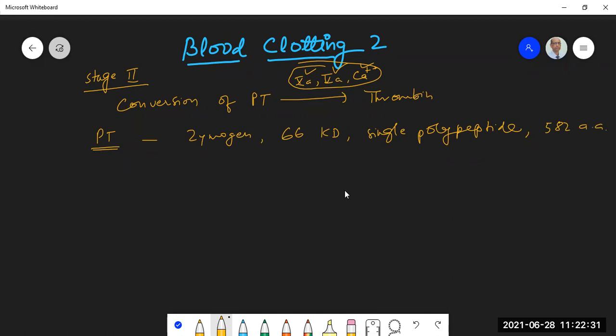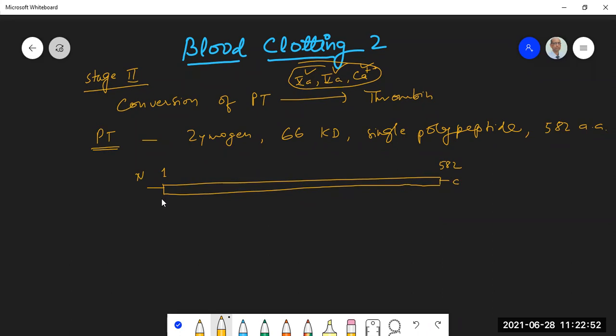Let's say if I draw the picture of single polypeptide, this is N-terminus, amino acid number 1, amino acid number 582. This is C-terminus.